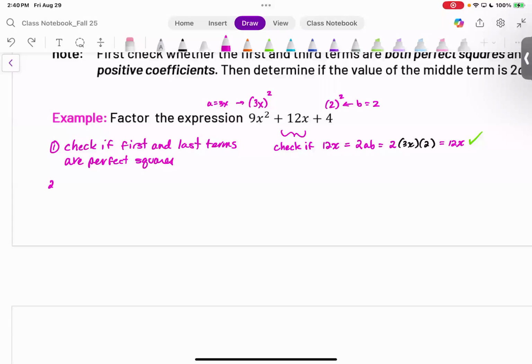And then we checked to see if the middle term was 2 times A times B. And it was. So then in that case, I can use the perfect square binomial formula.